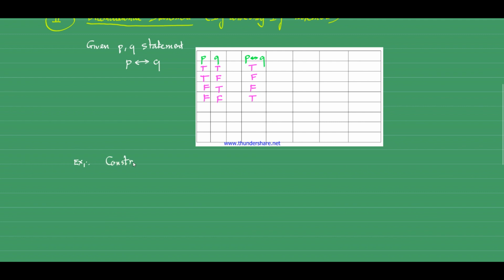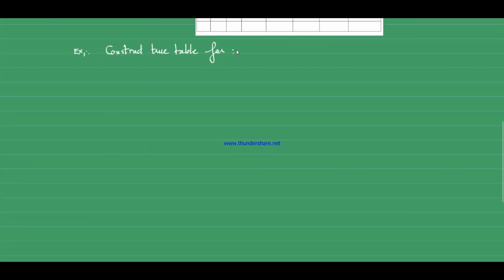Construct a truth table for P or Q if and only if the negation of P implies Q.